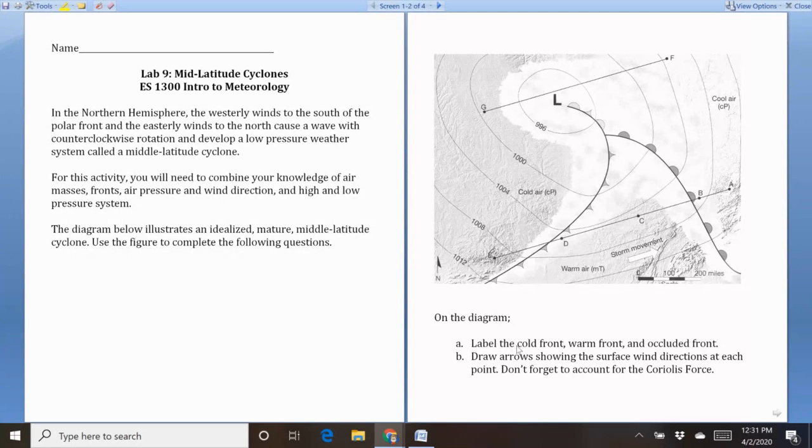And we know that a cold front is going to be the leading edge of the cold air. So on your lab, you could make a text box and write in cold front as to where the cold front is. Then you could take a text box and on top of the warm front, write warm front, and similarly occluded front.